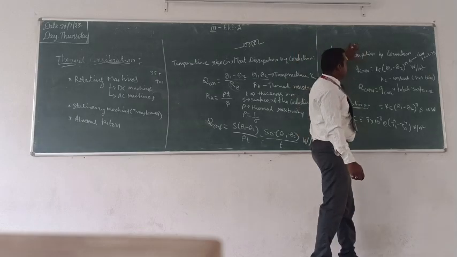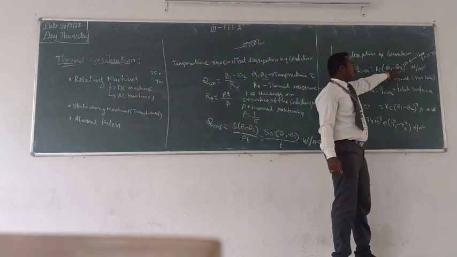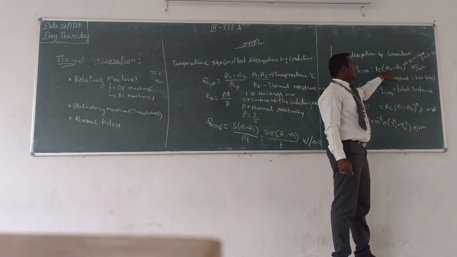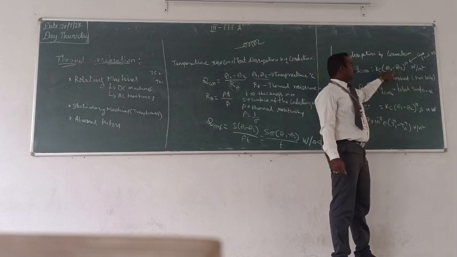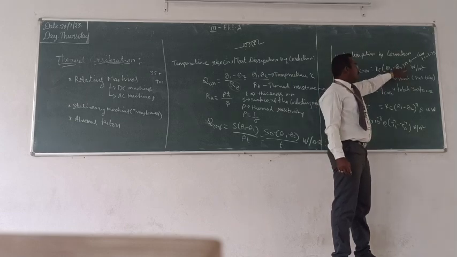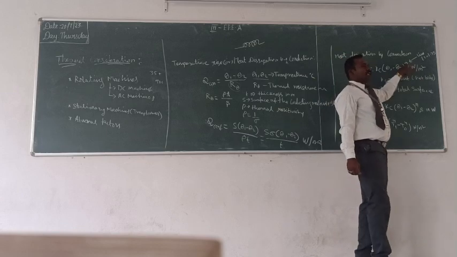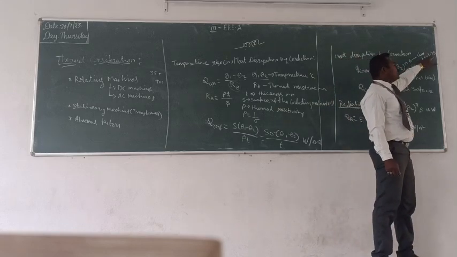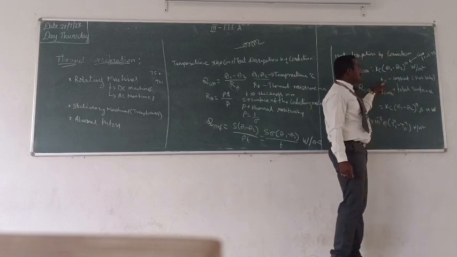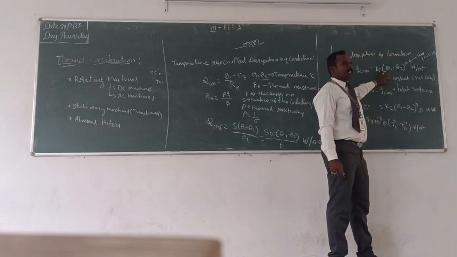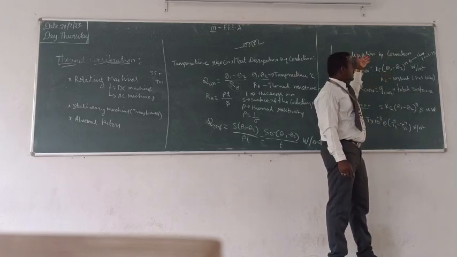The first one is conduction. Similarly, for convection we also consider two different operating temperatures, theta 1 and theta 2, the initial and final temperature, and the n value should lie between 1 and 1.25, right? Then Kc is the constant of the hot body, which is making the conversion process.